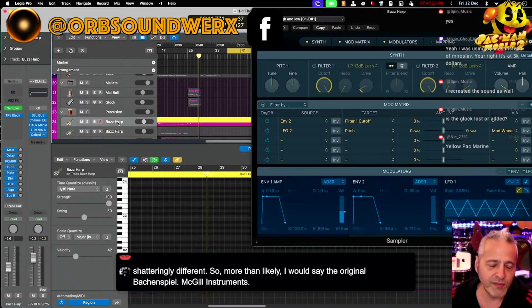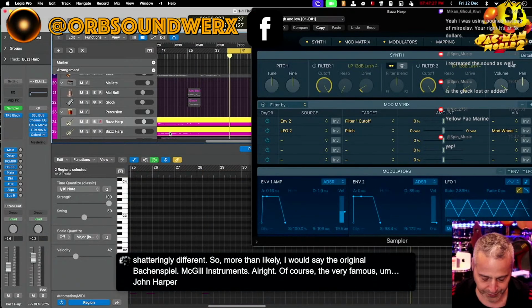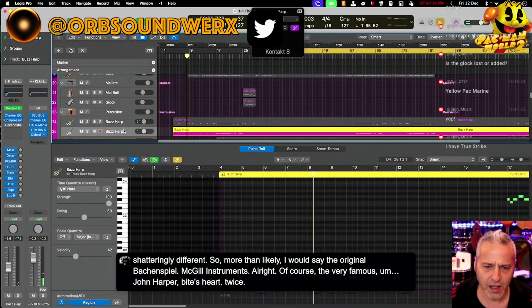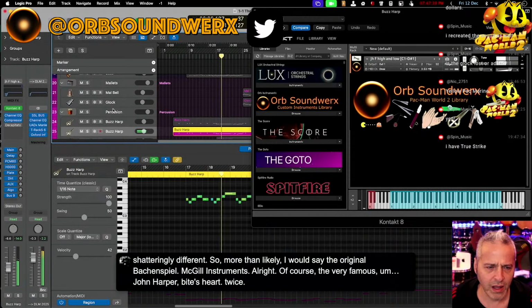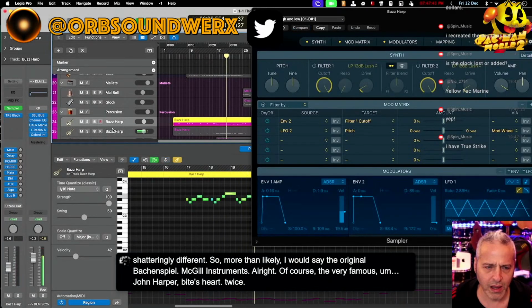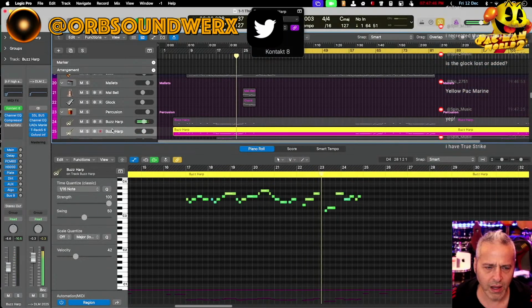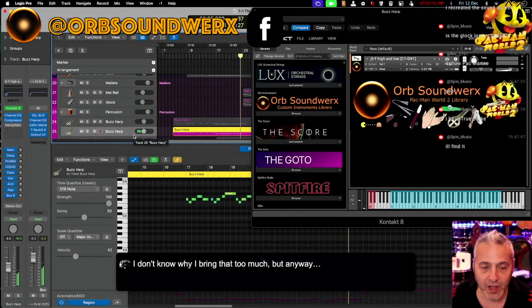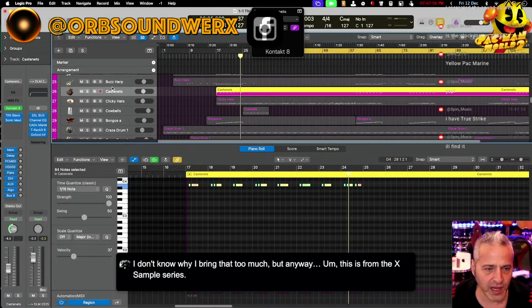All right. Of course, the very famous jaw harp or buzz harp. I don't know why I have it twice, I don't know why it's in there two times, but anyway, this is from the X sample series, as I think we have figured out already.